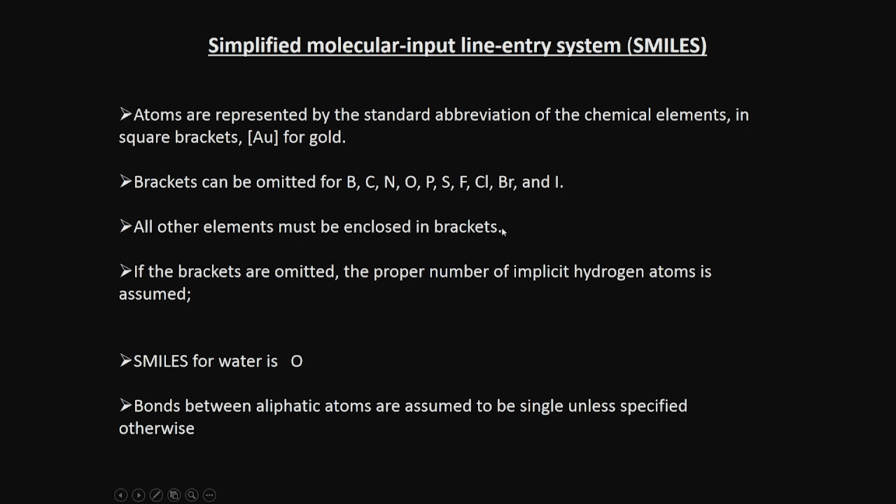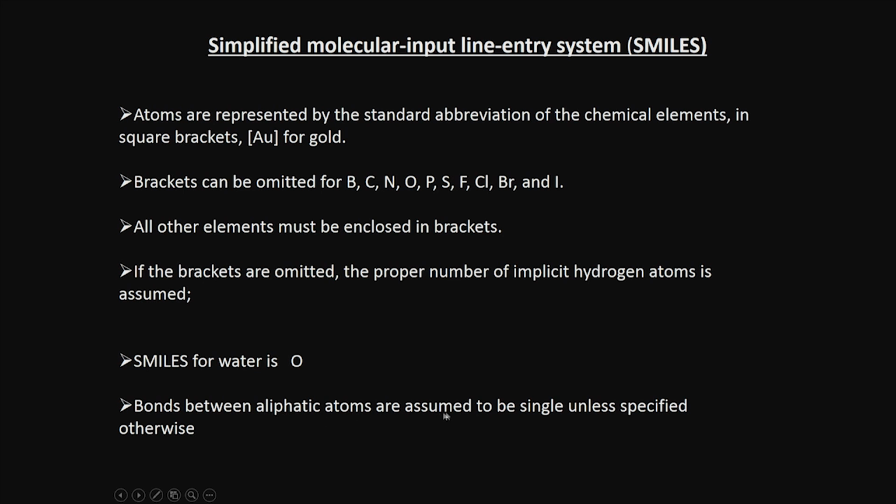Whereas other elements, if it has got two characters, we need to enclose with the square bracket. If the brackets are omitted, the proper number of implicit hydrogens are assumed. So, hydrogens are automatically assumed, you do not have to put them. SMILES for water is O, because it assumes that O has two valencies, so 2 H's are assumed.